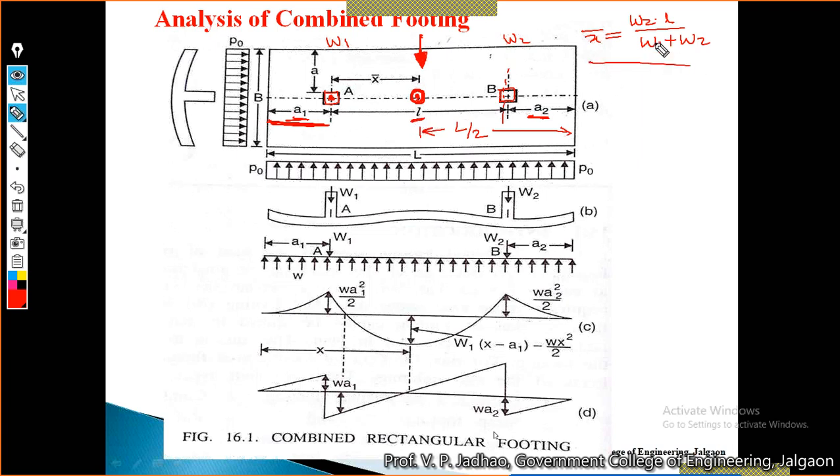So we get X bar by using this formula: X bar is equal to W2 into small l divided by W1 plus W2.